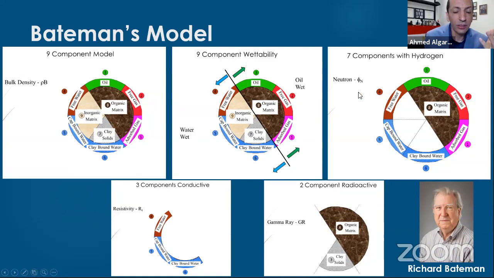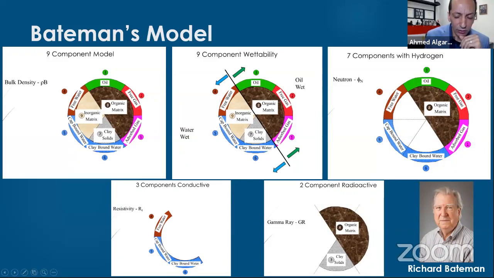Okay, look to the next one, 7 components with hydrogen. The neutron log sees only anything that has hydrogen. So it can see free water, the 3 types of water. It can see the 3 types of hydrocarbon. Also, it can see the organic matrix. All of these things have hydrogen.